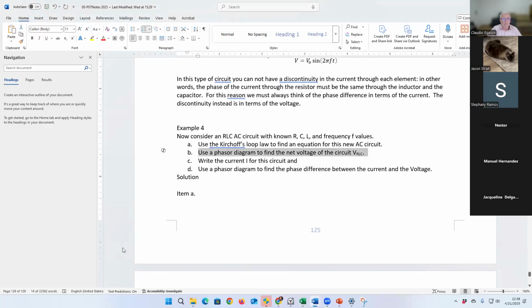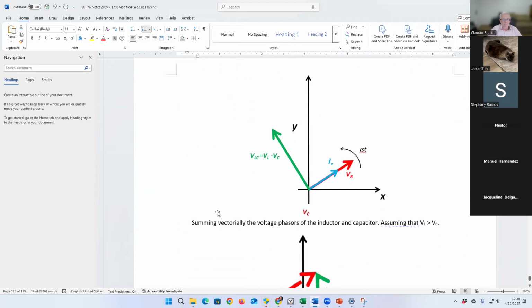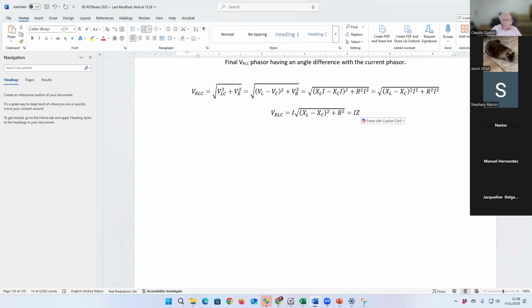Use a phasor diagram to find the net voltage of the circuit, VRLC. And item C. Now we have to find what's item C?